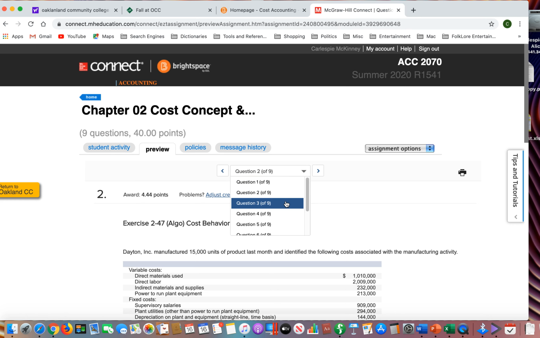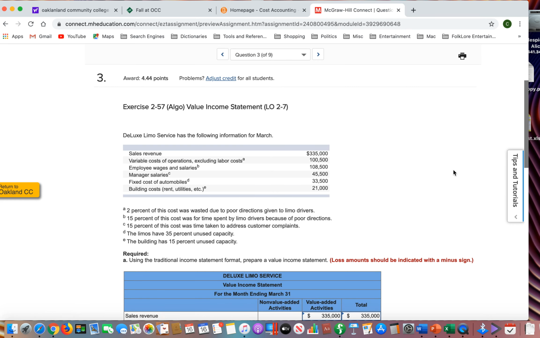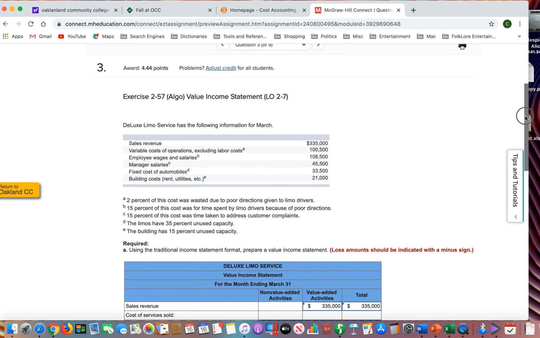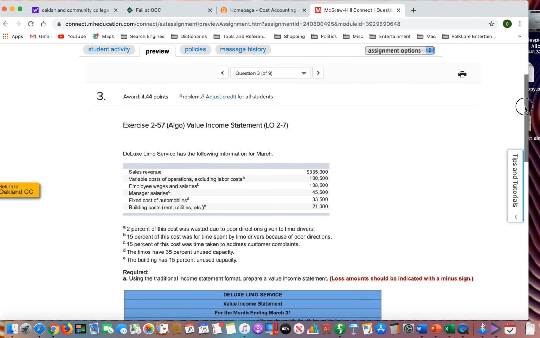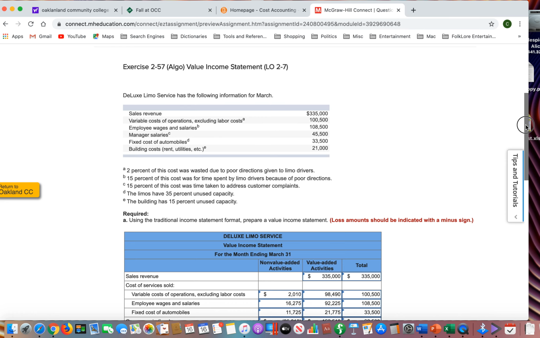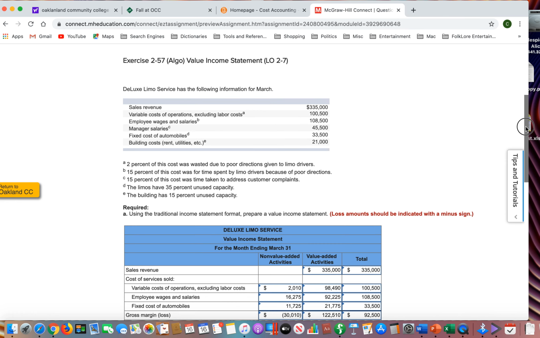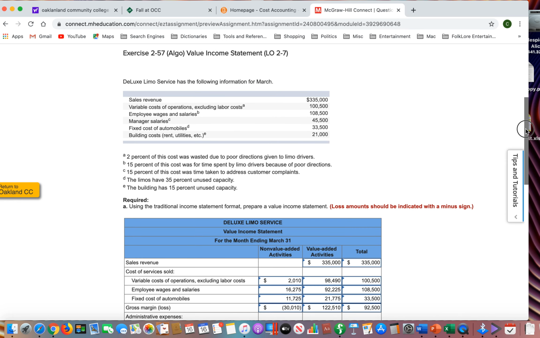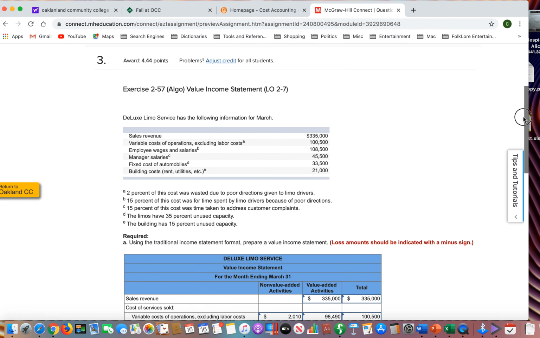Okay, let's go with number 3. Number 3, again, this is interesting, and all you have to do, folks, this is very straightforward. You want to know what were the non-value added activities, and the book mentions it briefly.